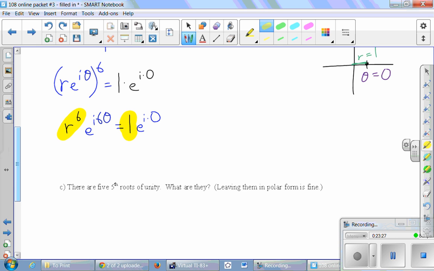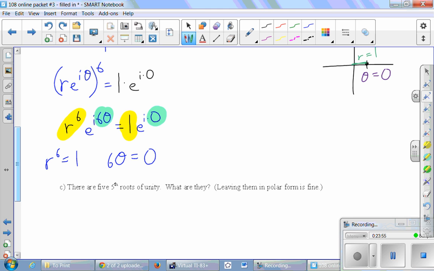So I'm going to make the stuff in front of the e equal, and then make the stuff next to the I equal. Everything else is copied on one side of the equation and the other. The e is the same, the I is the same. All right, so our two new equations, r to the 6th equals 1, and 6 theta equals 0.